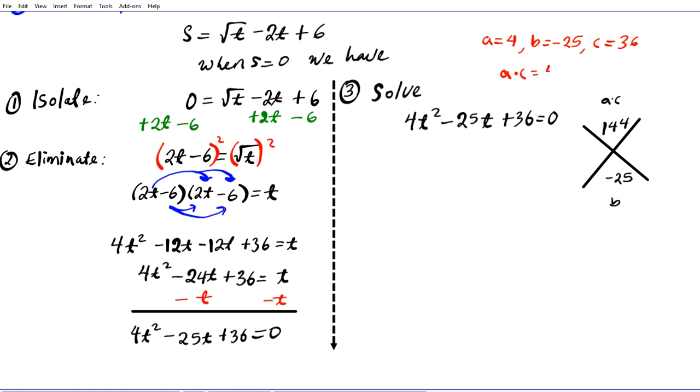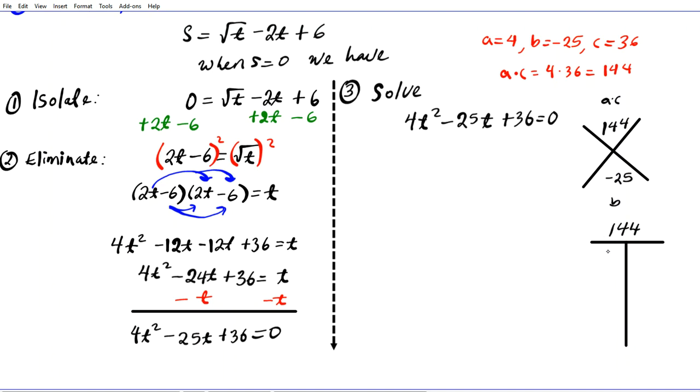The X game requires finding two numbers that multiply to give you the top and add to give you the bottom. Now our AC is pretty big, so it's not going to be that easy to do this mentally, although some of you are really smart and can do it with ease. You can exhaust the combinations, but I'm going to write it out so that we all can see exactly what is happening.